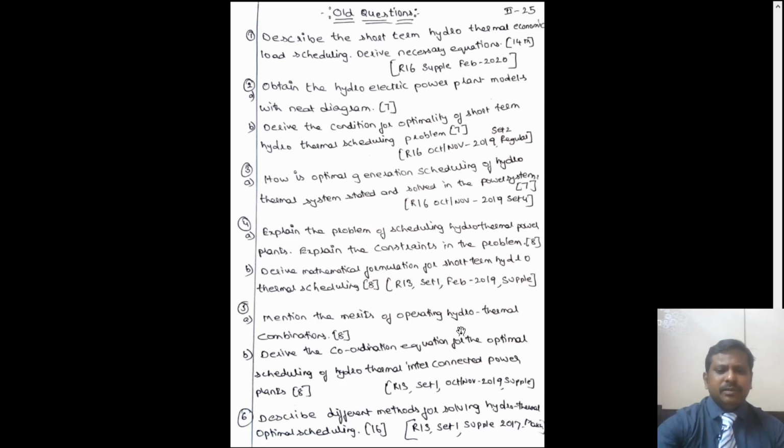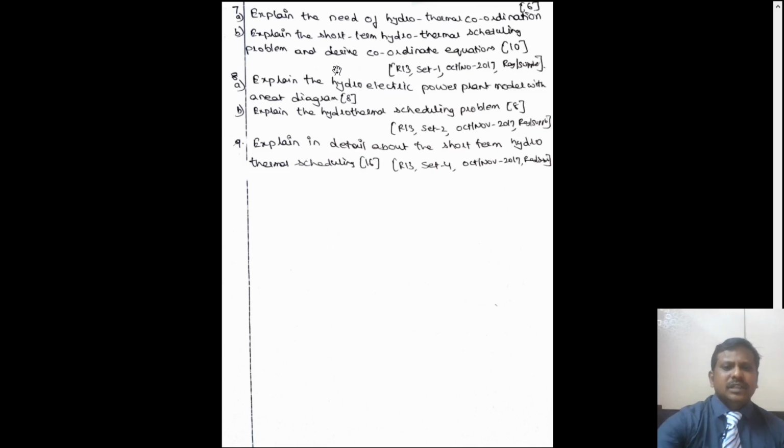Mention the merits of operating hydrothermal combination. We can reduce the operating cost of the thermal power station. When the water is available, the thermal power generation from the thermal power plant can be reduced, right? Derive the coordination equation, same as I will describe, different methods for solving hydrothermal optimal scheduling. Explain the need of hydrothermal scheduling combination.